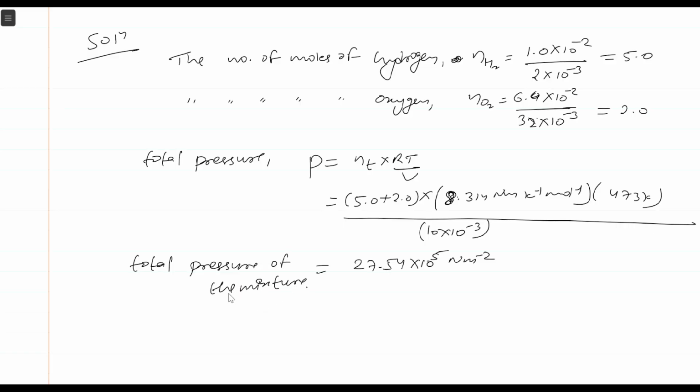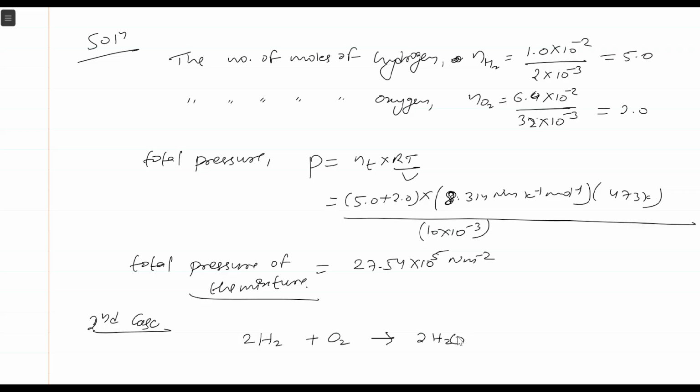Now what if we ignite it? If we ignite it, hydrogen and oxygen will react to form water, by the reaction H2 plus O2 gives 2H2O, and we put 2 over here to balance it.